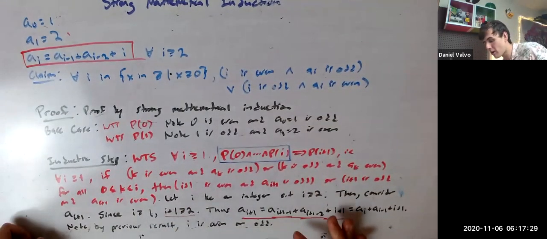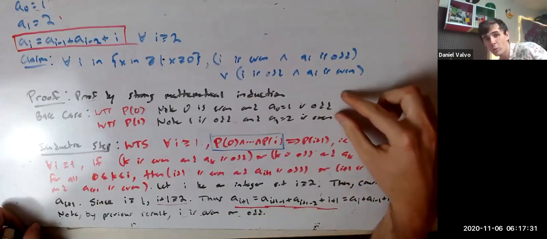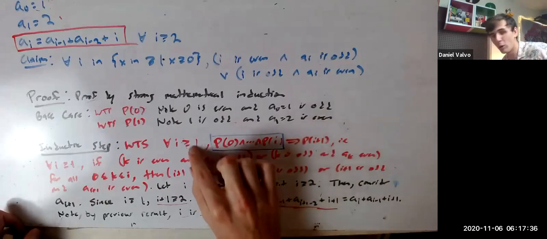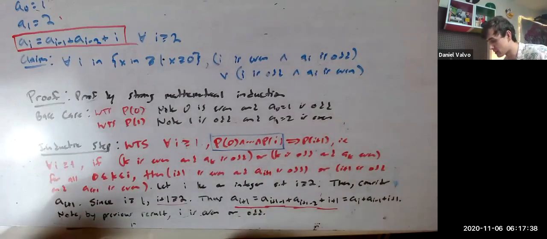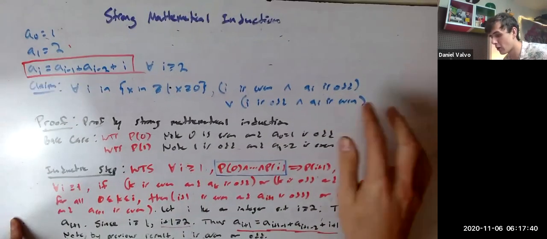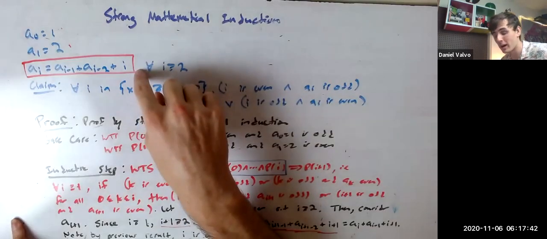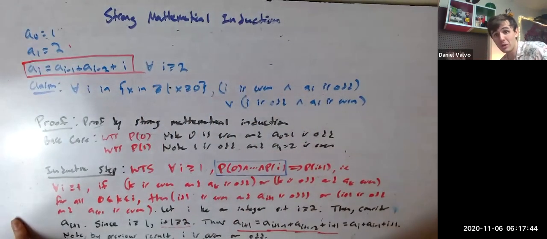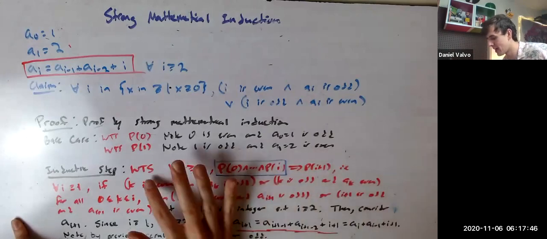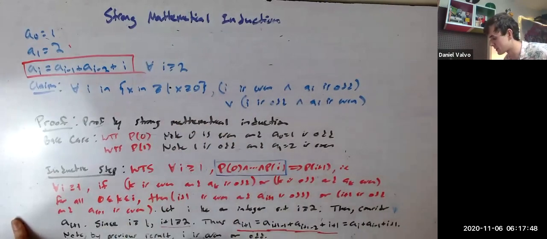So sometimes in strong induction, you're going to have more than one base case. It just depends on when this chain reaction takes over. This chain reaction takes over once I is bigger than or equal to 1. So that means that proving 2 is the first case we can prove using the chain reaction. So that means we have to show 0 and 1 by brute force.